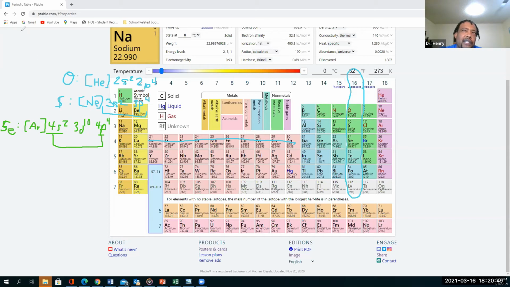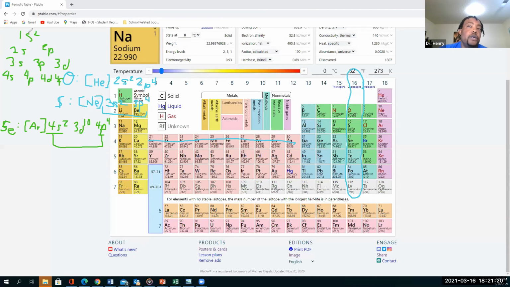If we wrote that out, we had 1s, 2s, 2p. Then we have 3s, 3p, and then we have 3d. Then we have 4s, 4p, 4d, 4f.